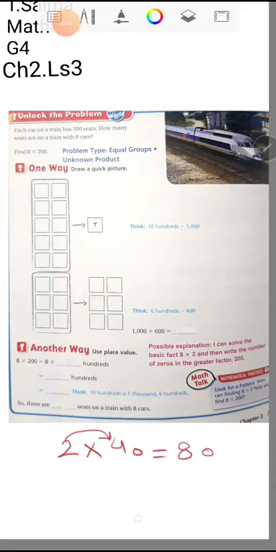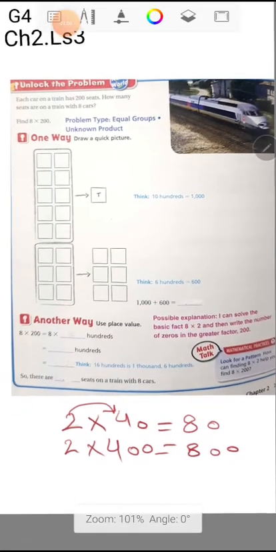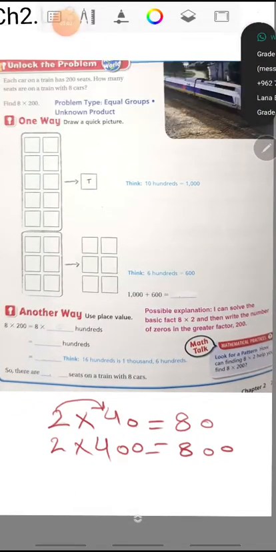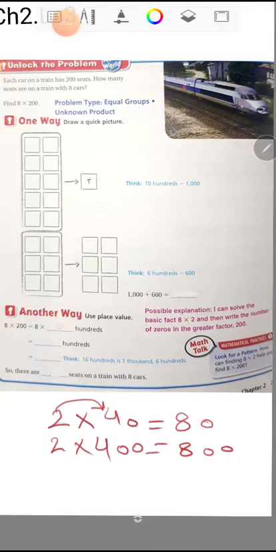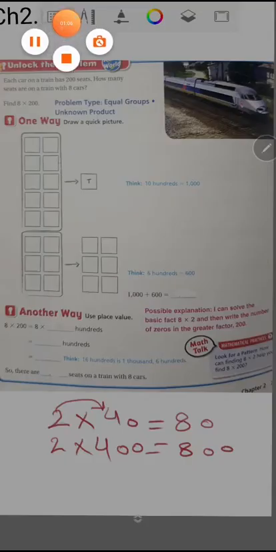Okay? And the same thing if you multiply 2 by 400, like this exercise. I will multiply 2 by 4, and the answer will be 8, and put 2 zeros next to the answer, so the answer will be 800. This is the way how I will multiply any number by a hundreds number or tens number.